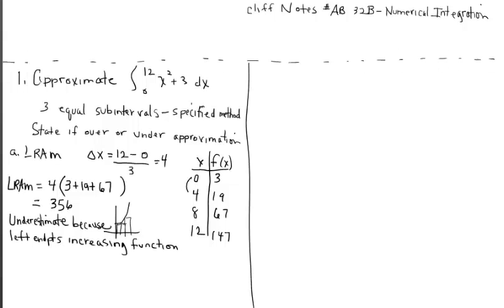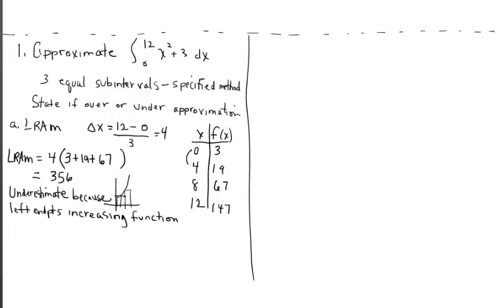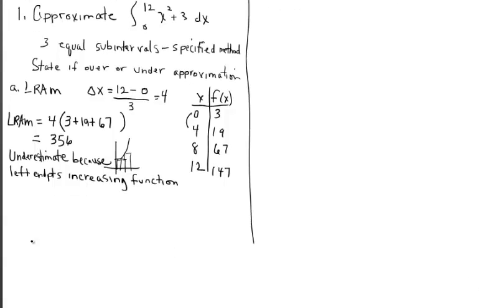Part B, we're going to do a right RAM. We're going to use the same data table. For a right RAM, each of the 3 rectangles are still 4 wide, but now instead of starting with 3, I'm going to use the right endpoint of 19, and I'm going to conclude at 147.